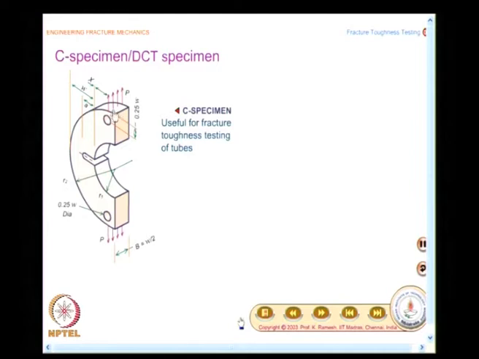It is convenient for you to take a specimen from the tube, and you have the crack length measured from this edge, that is what is given as crack length. And for this also you have the boundary collocation solution for SIF available.